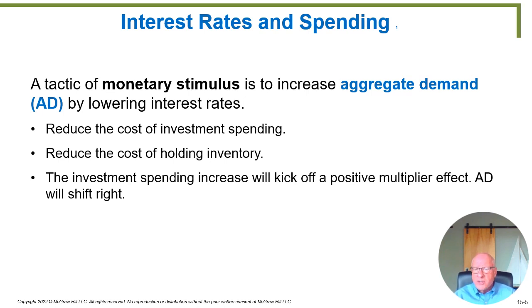So my point, of course, is that business people will change the total amount of investment in new machinery and the amount of inventory they hold if interest rates are very low. So the investment spending and the building up of inventory can kick off what's called a positive multiplier effect. In other words, picture in your mind, Home Depot buys an extra load of 2x4s from Georgia Pacific.